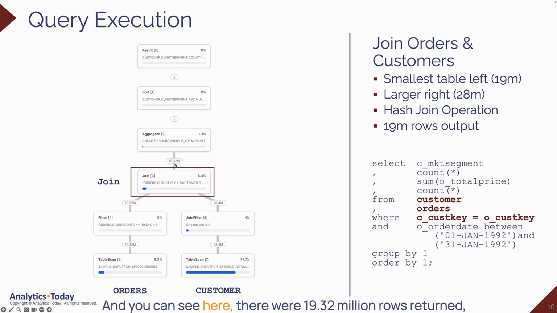And you can see here there were 19.32 million rows returned, which indicates that there's an equal join between these two. So you've got one entry for every order, and we're also adding the customer information onto it.